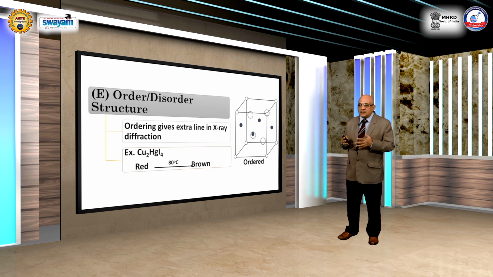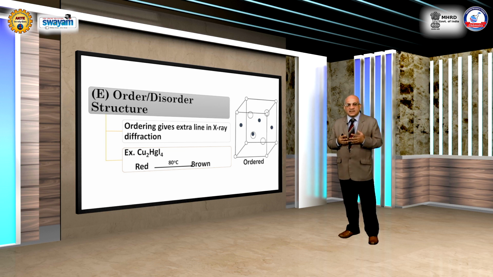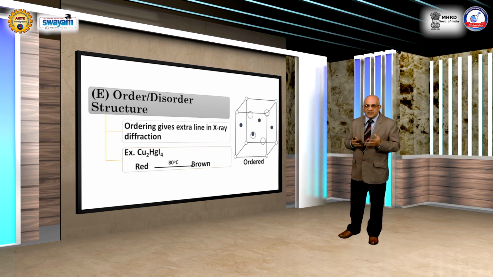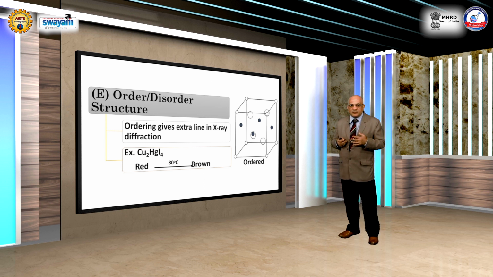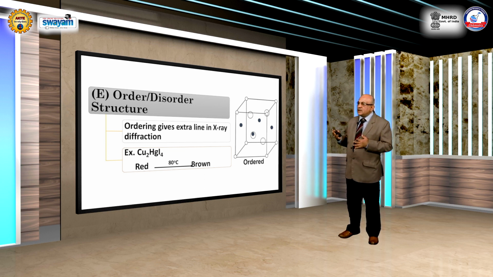When it is ordered, you will have more lines. So, you can study such ordered disordered structures in many materials. One example is copper mercury iodide, which changes this order disorder at 80 degrees Celsius. But there are many alloys also where you can study this order disorder transition.